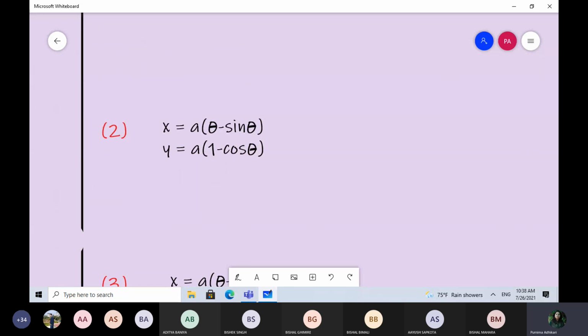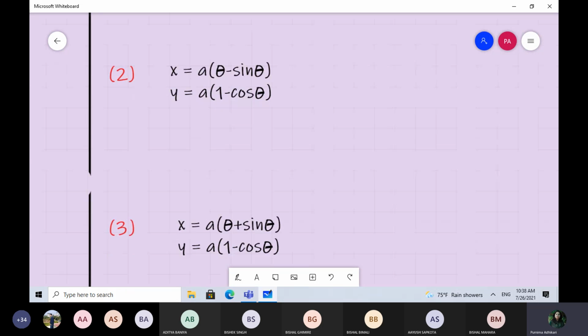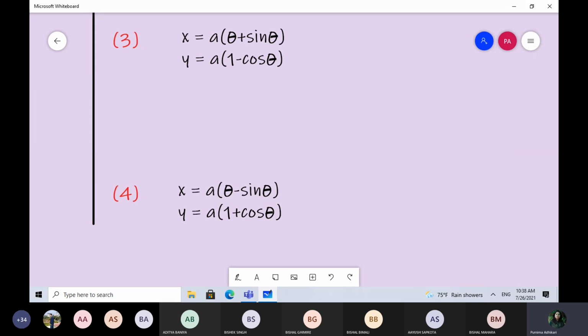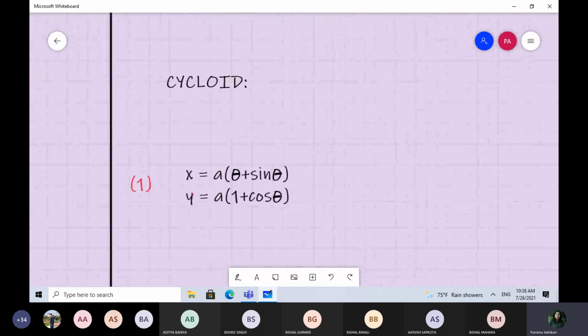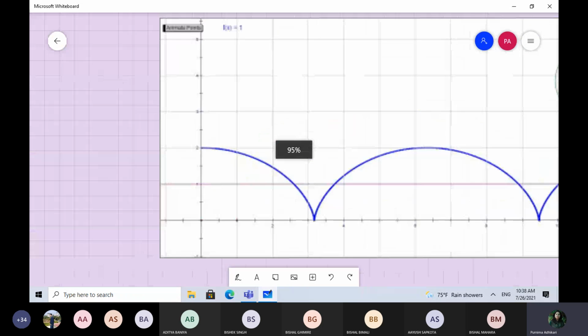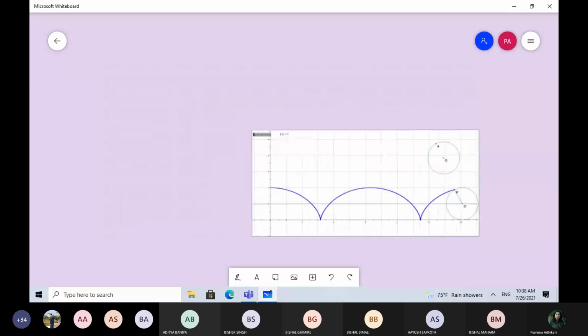Second one is x equals a theta minus sine theta, y equals a 1 minus cos theta. This is your third, this is your fourth. So all the terms are similar, only your sign is different, isn't it? अनि हामीले यसलाई plotting गरेर हेर्दा हाम्रो यो cycloid यस्तो curve बने हैन? Yes, ma'am.